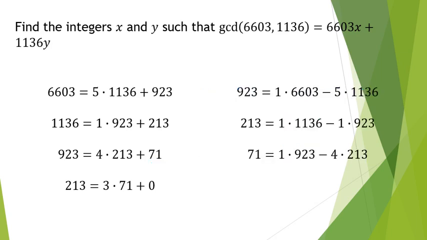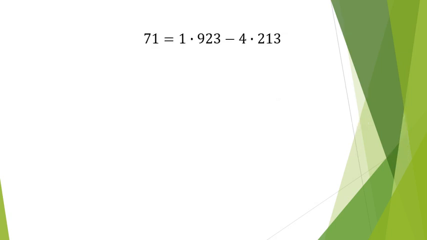Just subtracting a term over to the left side in each of those lines. These are the guys that we're going to use. So keep these guys in an easily accessible place. We always start with our bottommost row in this column. So we're starting with the 71 equals 1 times 923 minus 4 times 213.